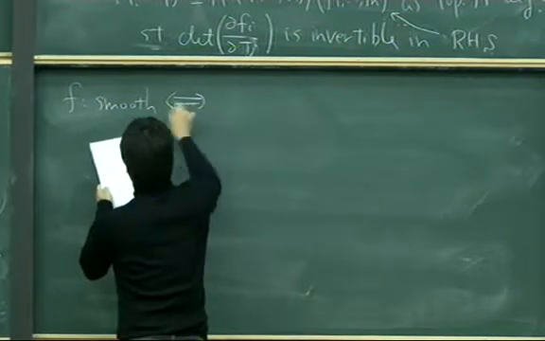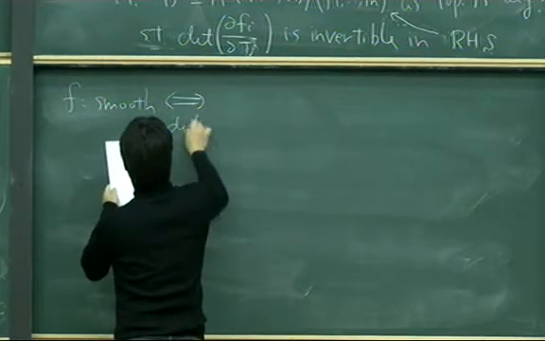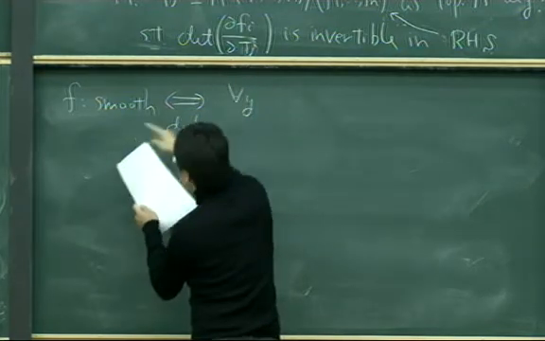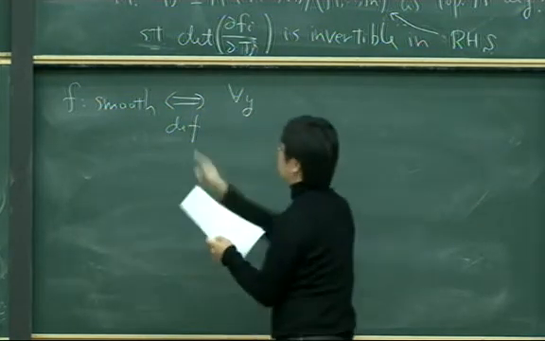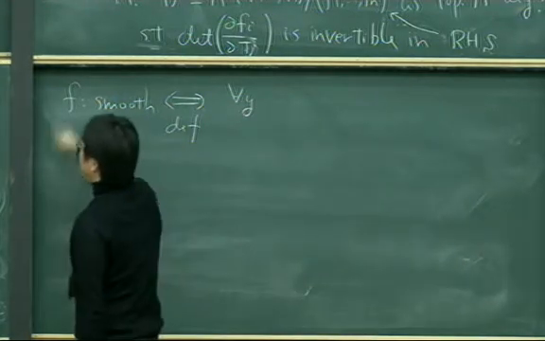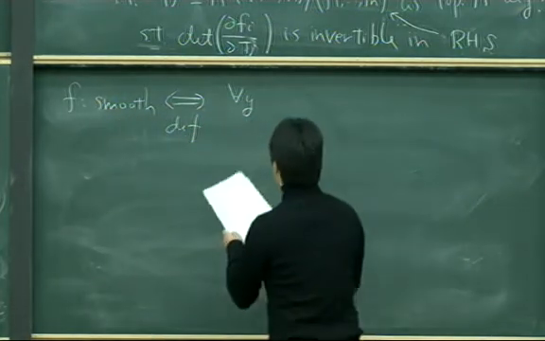We call f smooth if, roughly speaking, locally f is a fibration by closed disks.